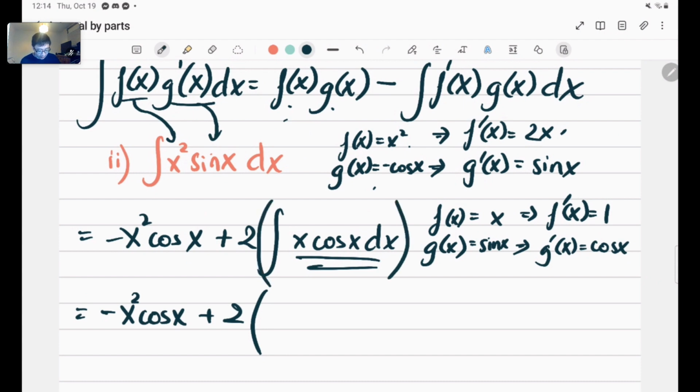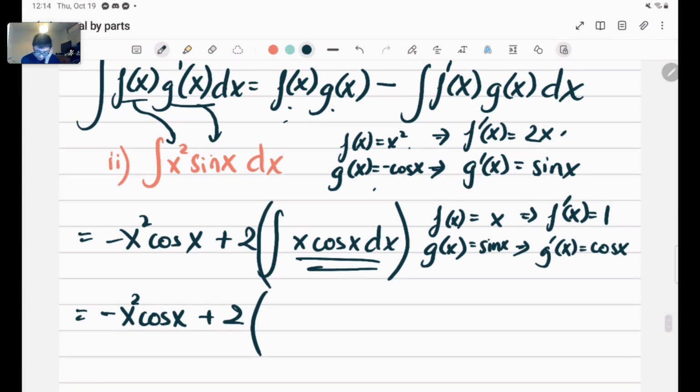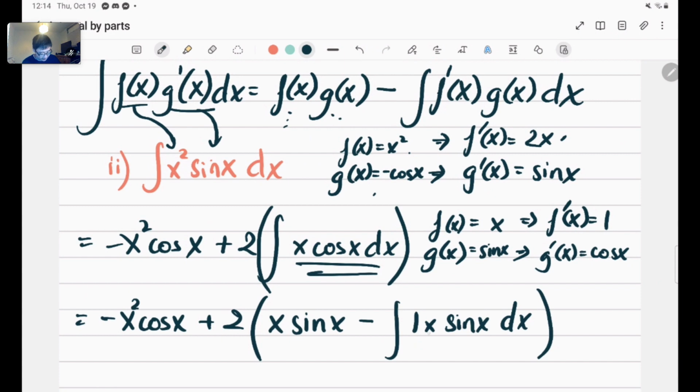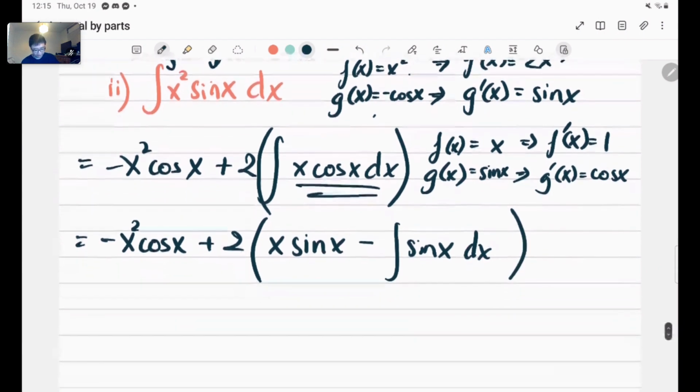So you have f of x times g of x again, so x times sine x, minus the integral of f prime of x times g of x, so 1 times sine x dx. Simplifying things, 1 times sine is just sine itself.